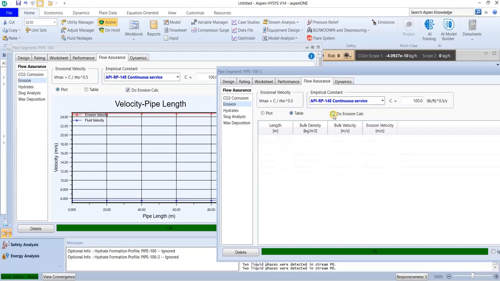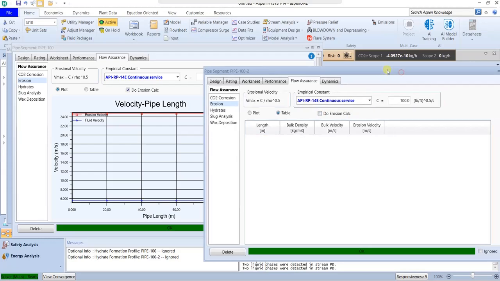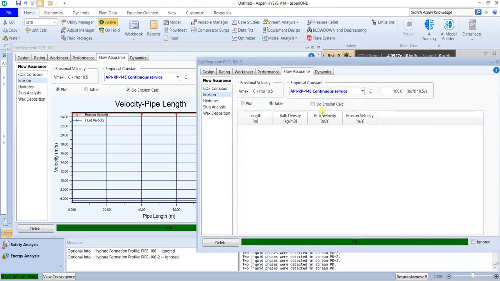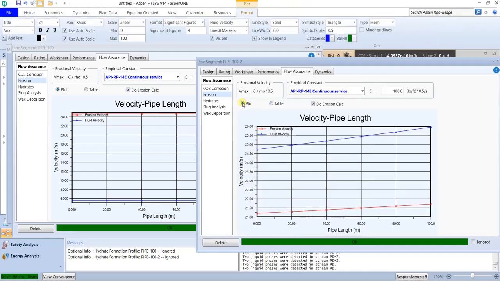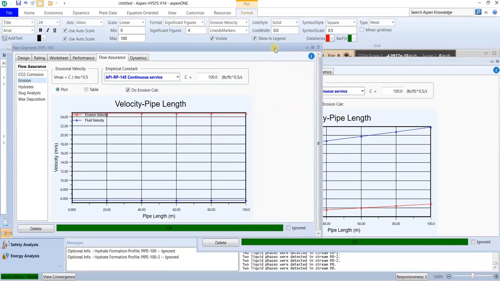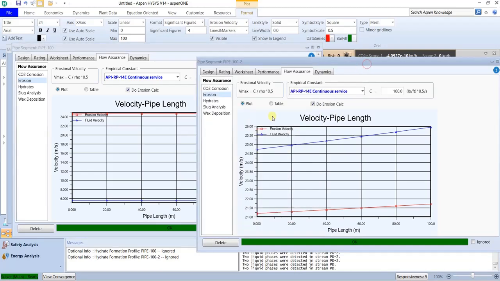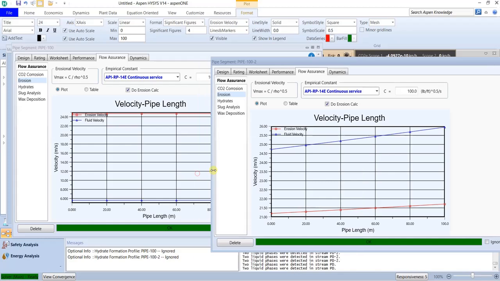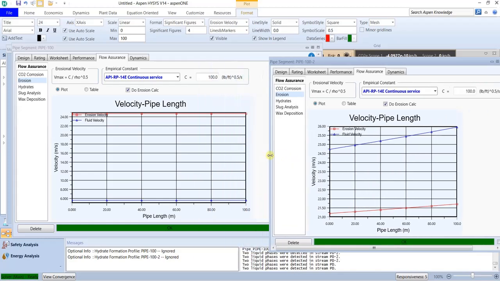So normally you are supposed to click on do erosion calculation, right? So you click on it and then it generates your table and your plot, right? So if I click on the plot, you see that the fluid velocity is above the erosion velocity, right?